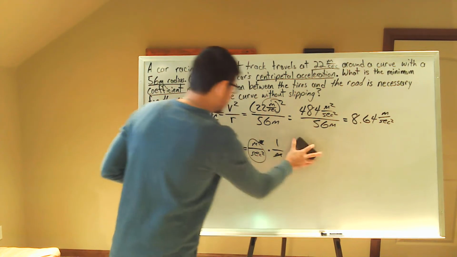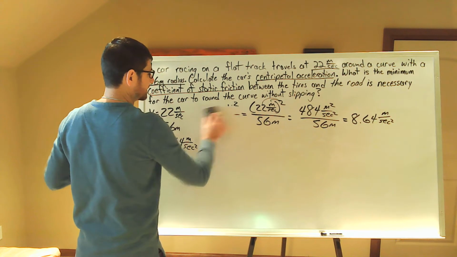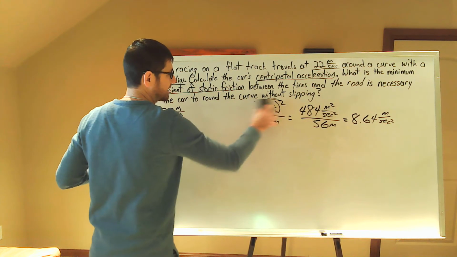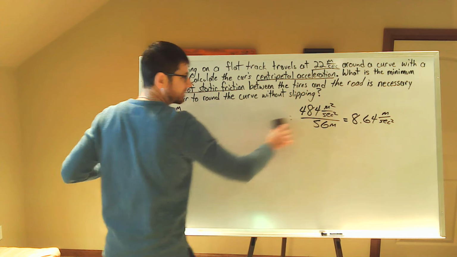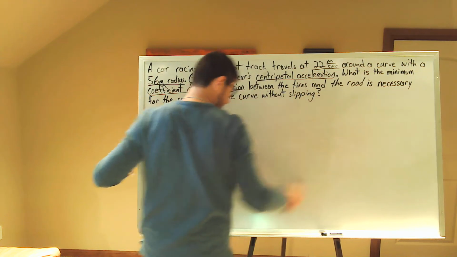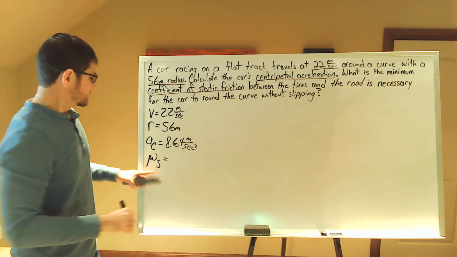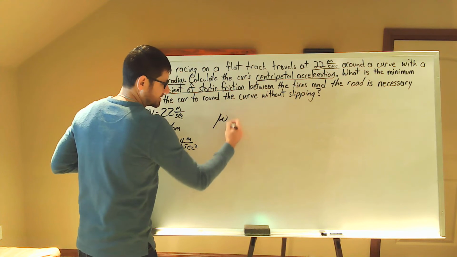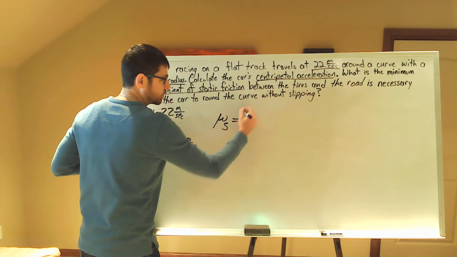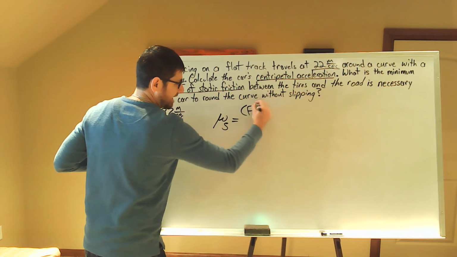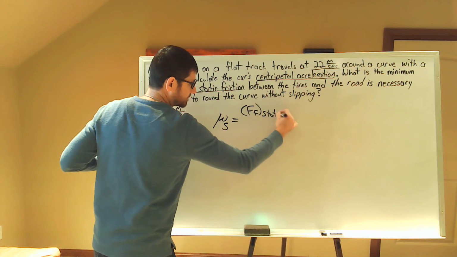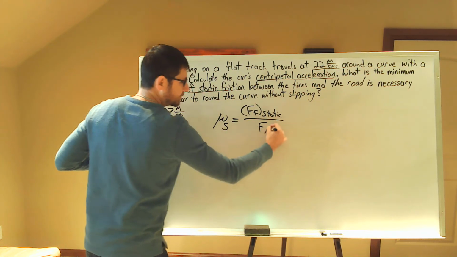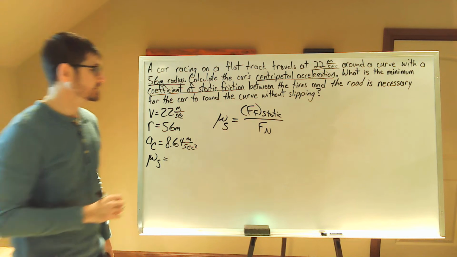Okay, so now we need to calculate the static coefficient of friction. We know mu sub s is equal to the static friction force divided by the normal force applied to the object.